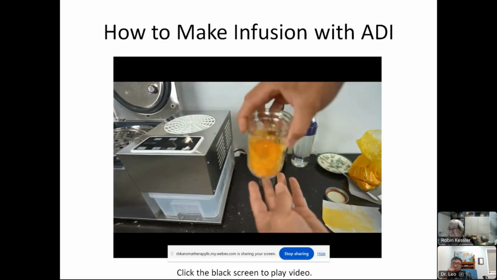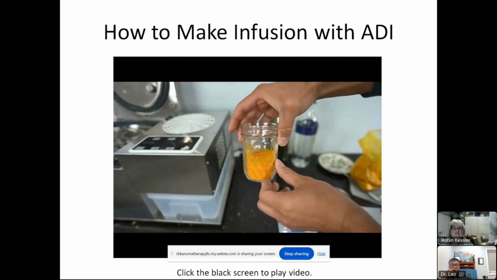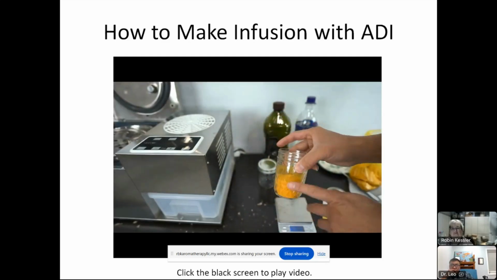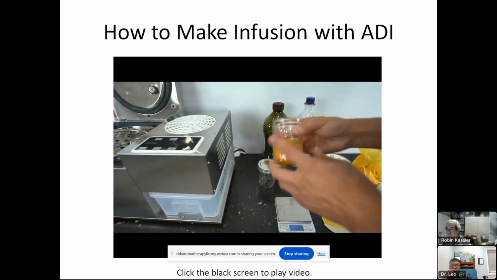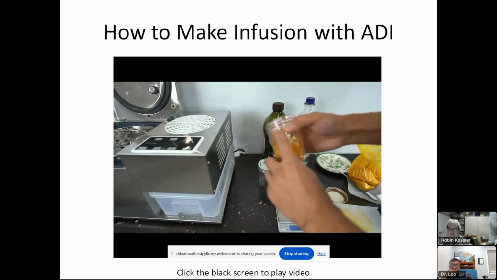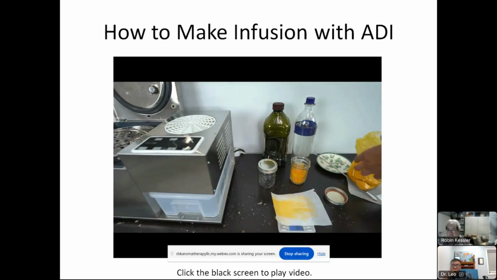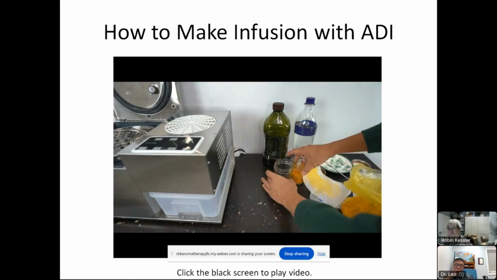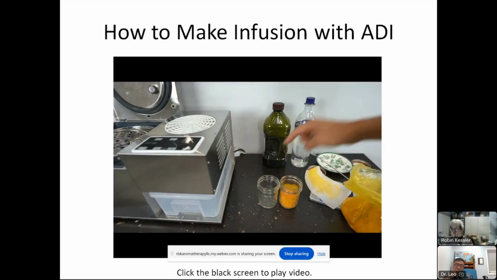You can see it takes almost 1/3 of the cup. If you use a looser material, like leaves, you have to add a lot, almost a full cup. So this is a general ratio. Of course, you can use different ratios. Just make it easy by adding the same amount to the other cup: one for the oil, one for the tincture.